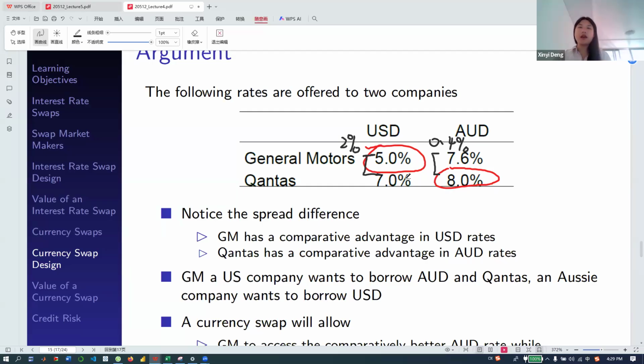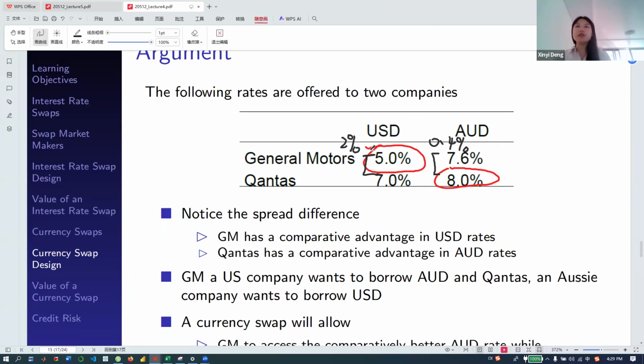And actually, since the difference is larger for USD and smaller for AUD, meaning that Qantas has a comparative advantage in AUD, so the red circle here. And for USD, for General Motors, sorry.